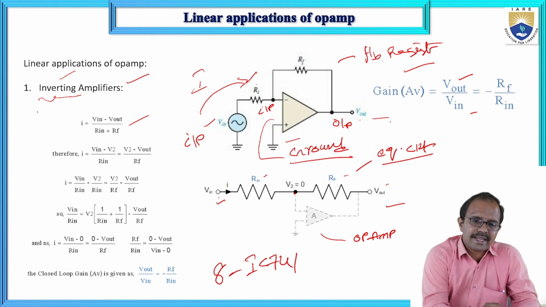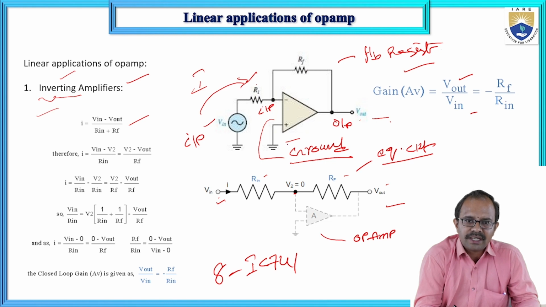Now what happened in the case of inverting amplifier? Non-inverting input is connected to the ground. So the other inverting input is also at virtual ground. So we have V2 equal to 0.